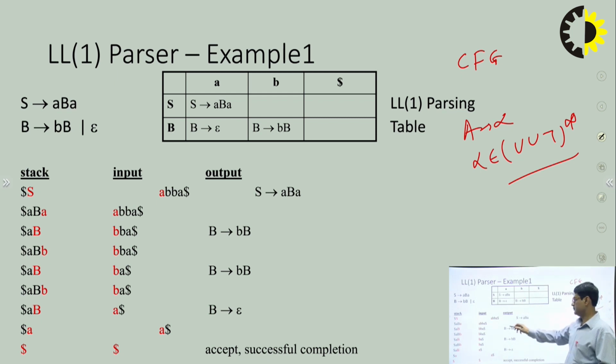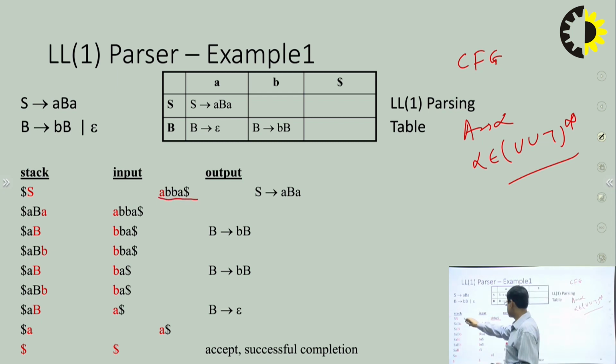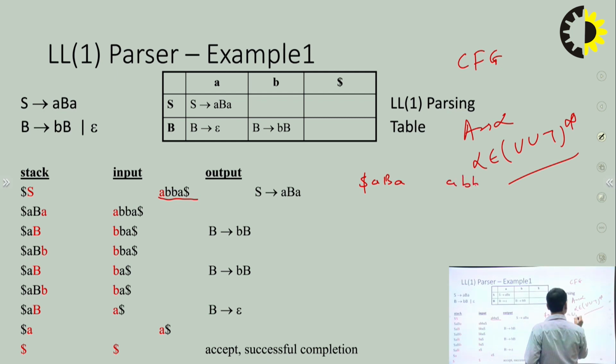Now, if you derive this string, this is the input. Initially, the stack contains $ and S. This is the output, showing which production is used. S and a: you check this entry. S produces ABA, so S is replaced by A capital B A, and the input is a b b a $. Now check the current condition: small a on both sides, the same terminal, so you remove it. Then the situation is $ A B on the stack and b b a $ as input.